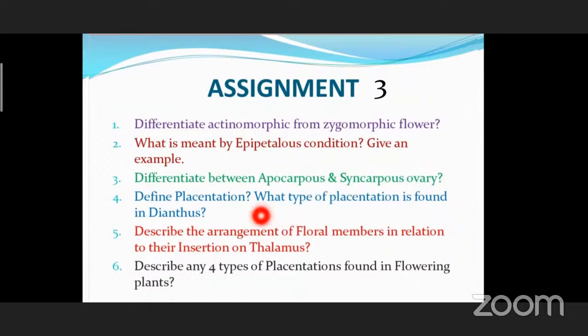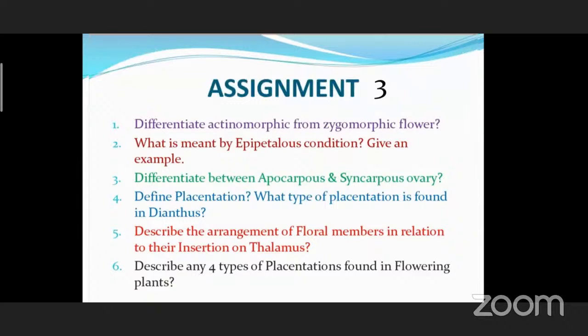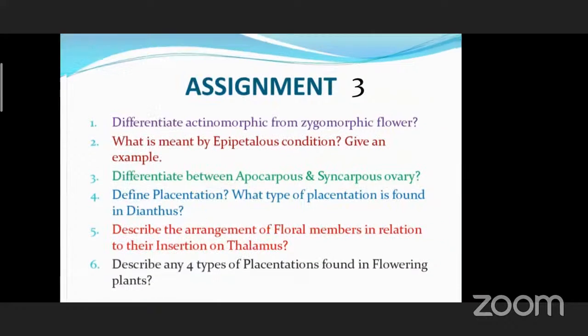There are 5 types of placentation: marginal, axial, free central, and basal. And the fifth question: describe the arrangement of floral members in relation to their insertion on the thalamus. And the sixth question: describe any 4 types of placentation found in flowering plants. This is important from the IPE point of view, 4 marks weightage.